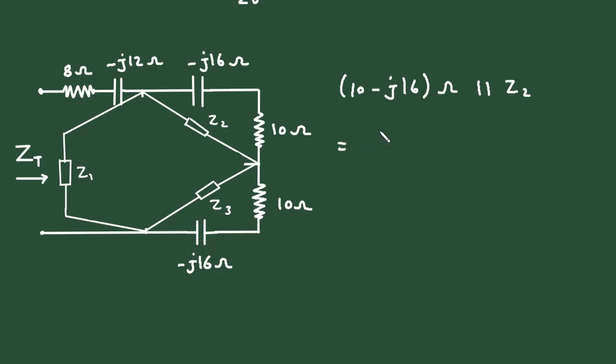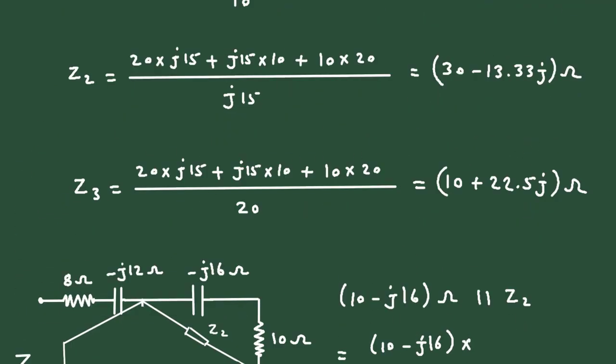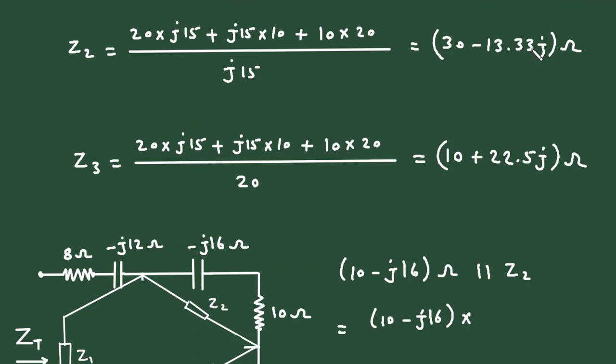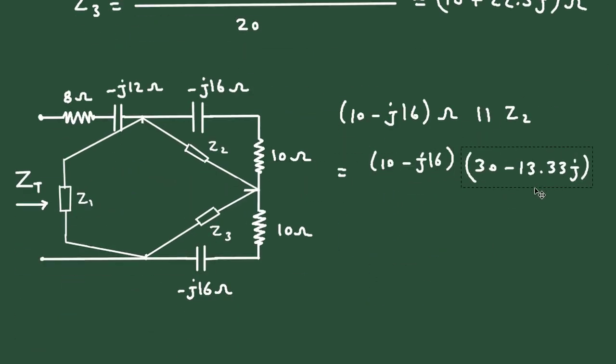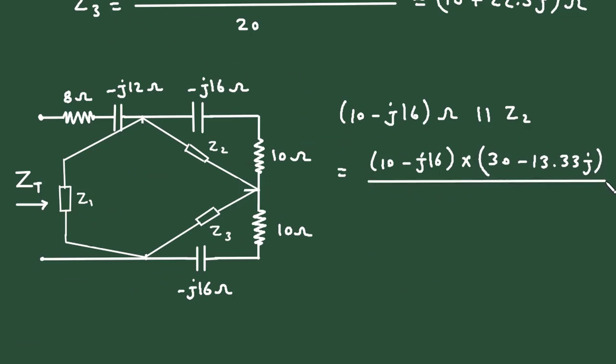If we simplify this, it will be 10 minus J16 multiplied with Z2. The value of Z2 is 30 minus 13.33 J. Let's copy it from here. Divided by this 10 minus J16 plus this Z2.